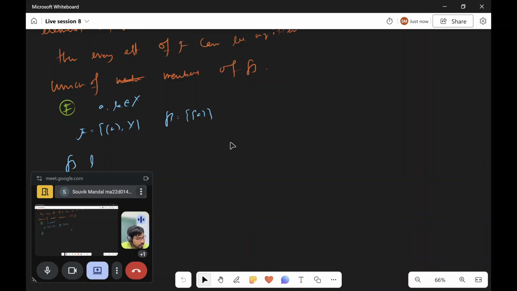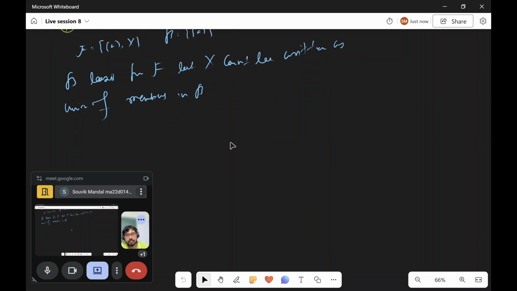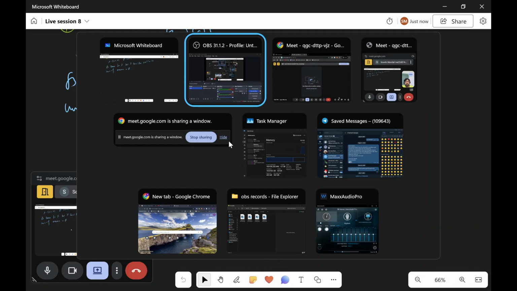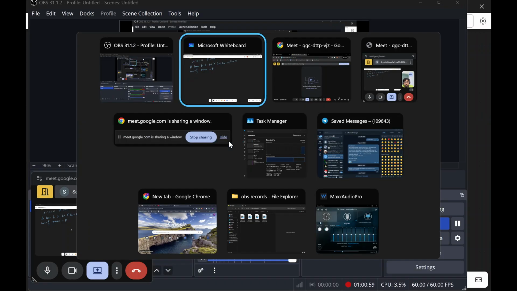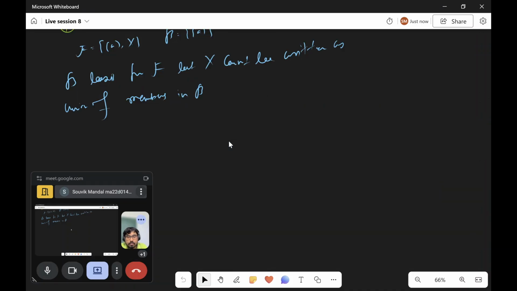Then clearly B is a base for the filter F, but X cannot be written as a union of members in B. So there is nothing to explain, I guess.